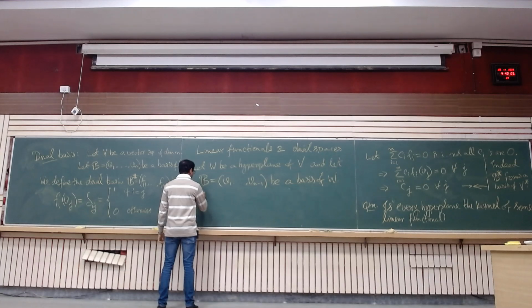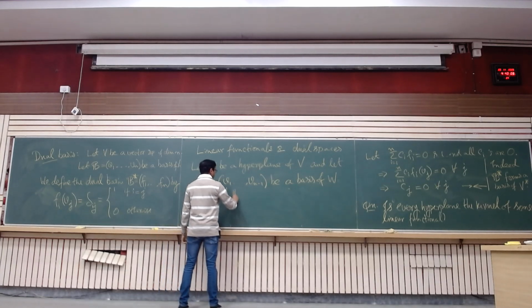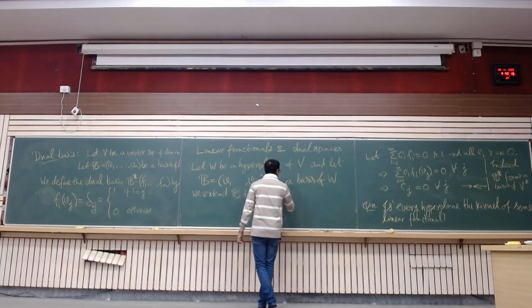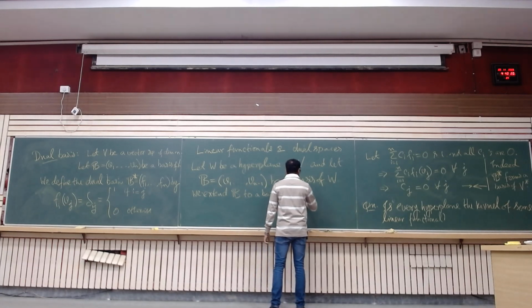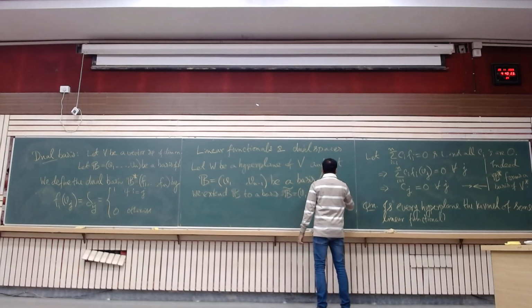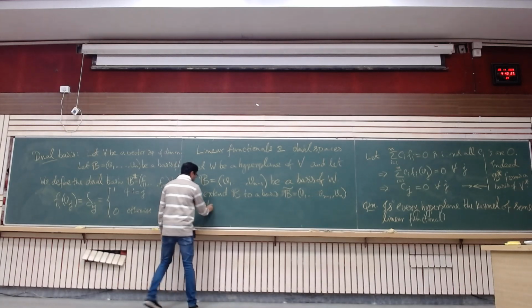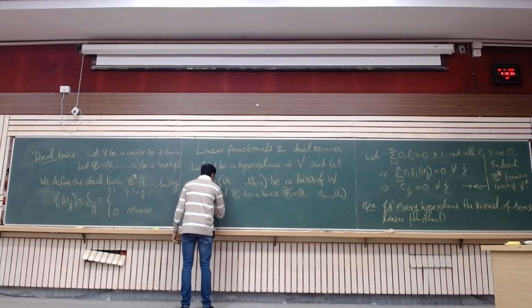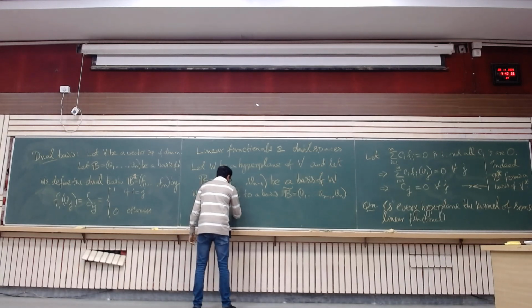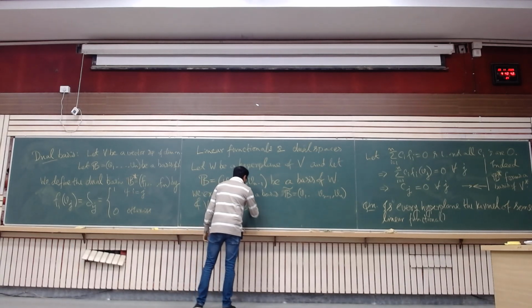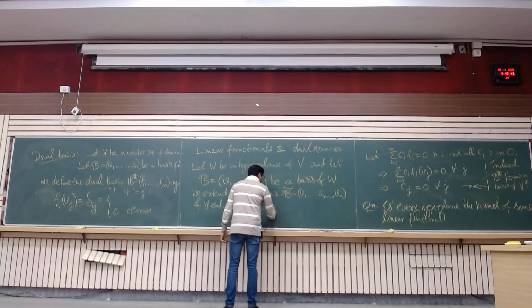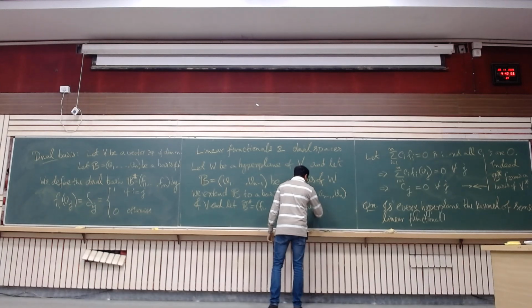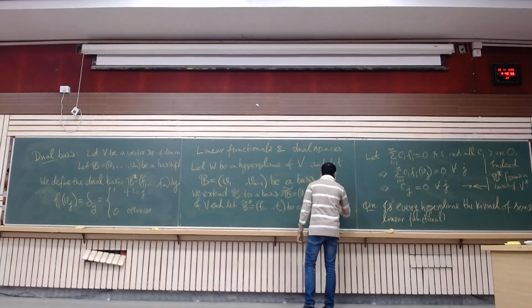We extend this to a basis, say B tilde, which we define as V1 dot dot dot Vn minus 1 and Vn of V. Then you take the dual of this basis, and let B tilde dual, defined by F1 dot dot dot Fn, be a basis of V dual.